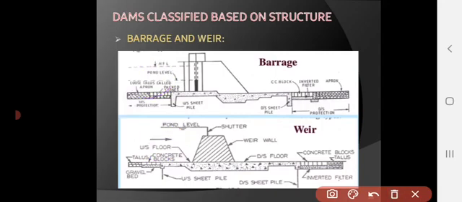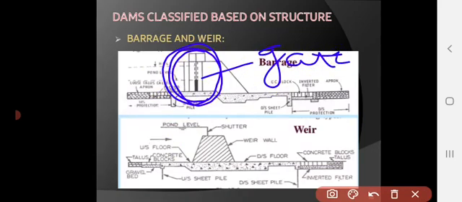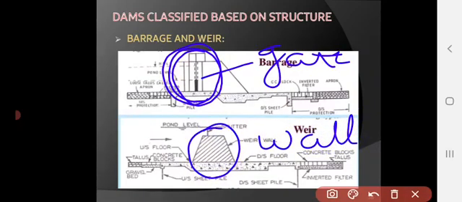See, in this figure, this is the construction, or this figure shows you the gate, and this is nothing but the wall, right? So this is the basic difference, or how we will identify what is weir and what is barrage.